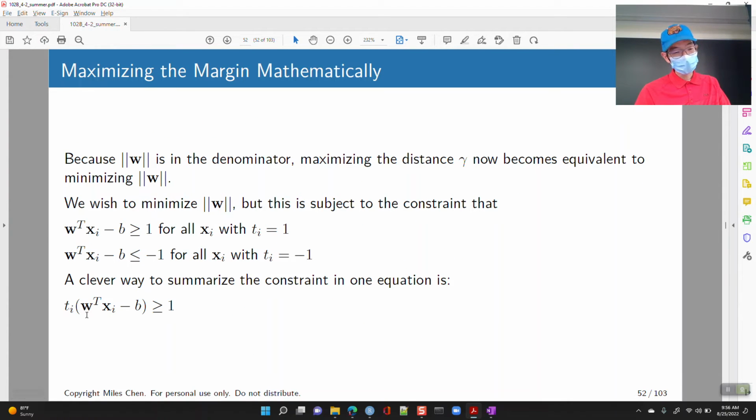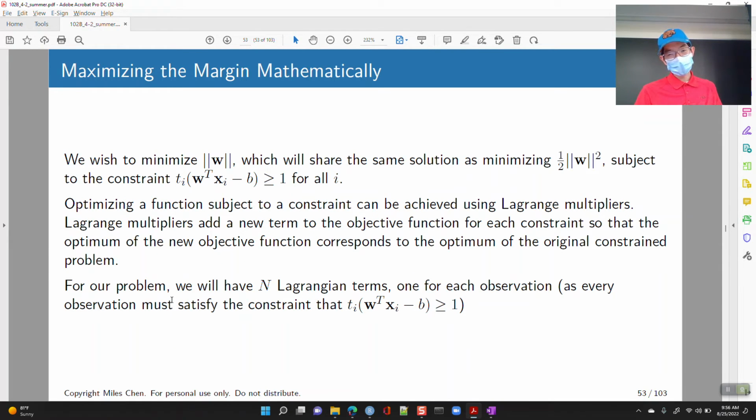So W transpose x plus b has to be greater than positive 1 for anything classified as positive. And we can multiply by t, the label, and combine both of these into just one constraint by multiplying the two together. Because for the negative values, this would be negative and this would be negative, so the product is going to be a positive value. So we can put these two constraints into one equation. All right, so anyway, we're going to try to minimize this subject to the constraint.